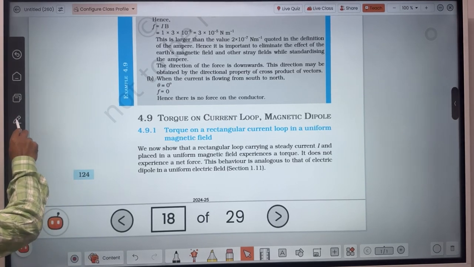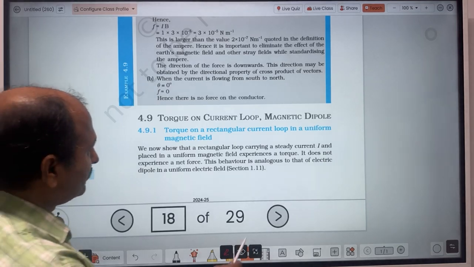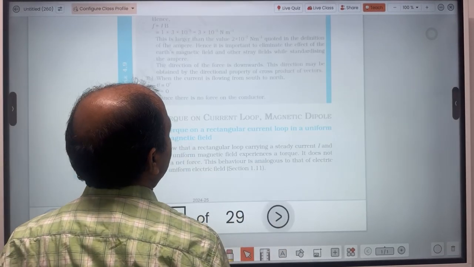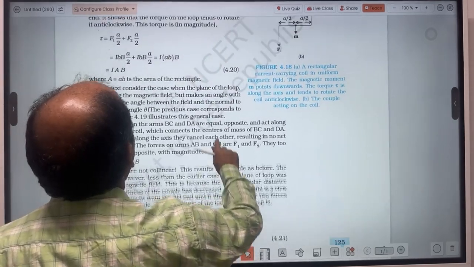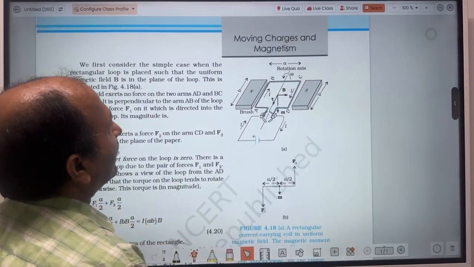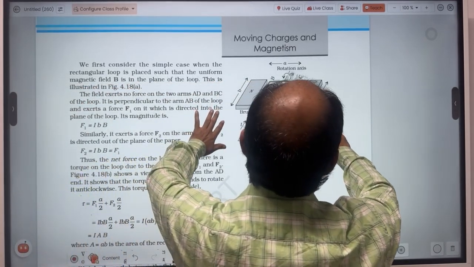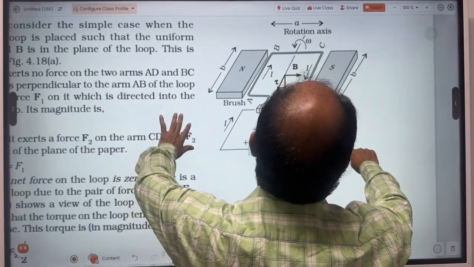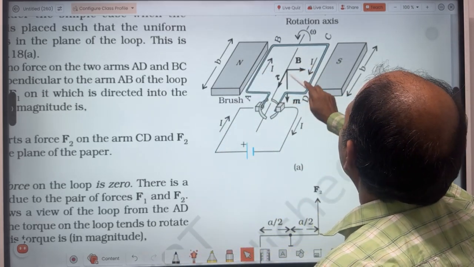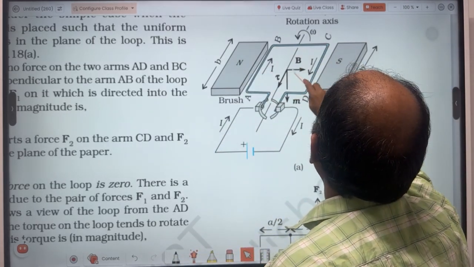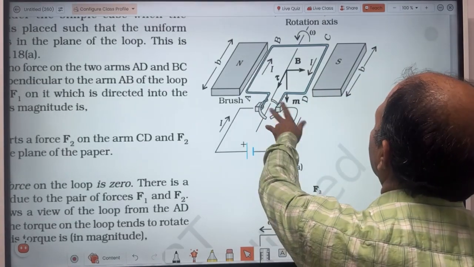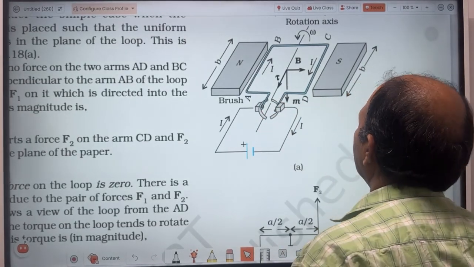So here a situation is shown. Let's analyze it first so that thing may become very clear. These are magnetic poles, and this is a coil which is free to rotate. Here this is the external circuit.